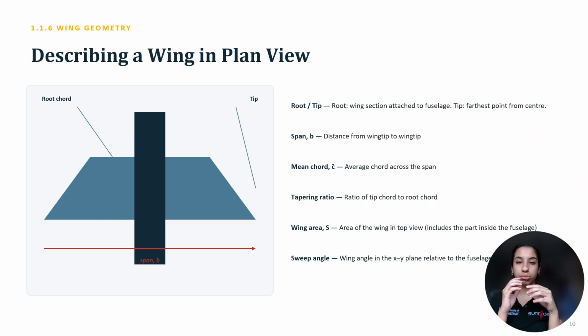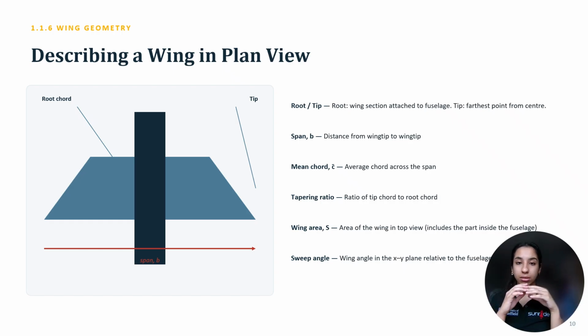The root is the wing section attached to the fuselage. You might think it's the closest part to the fuselage, but actually part of the wing is still inside the fuselage, which is something to always remember. The tip is the farthest point from the center.